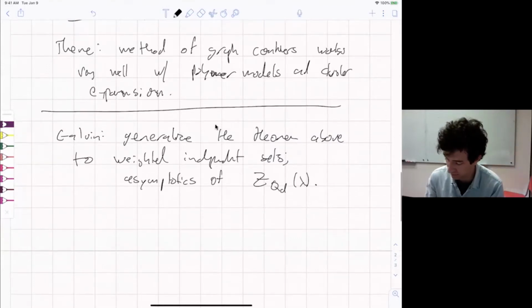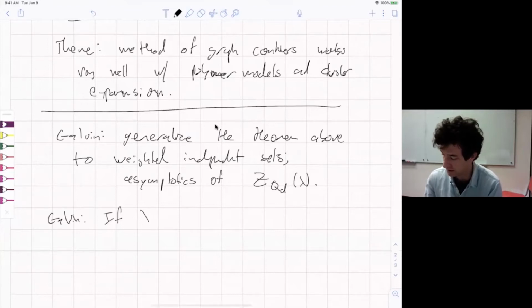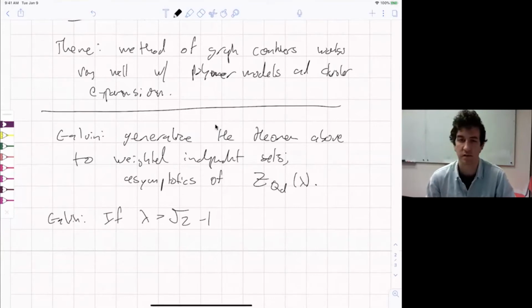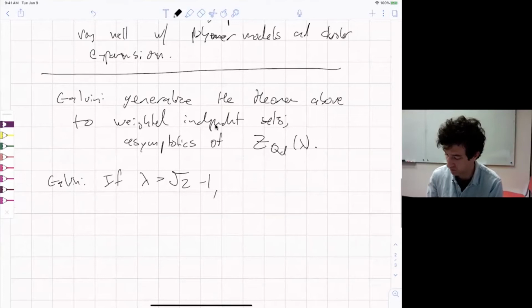So Galvin: if lambda is at least square root 2 minus 1, okay, so whatever this is, 0.4, then he gives an asymptotic formula for the partition function. And again, I'll write it 2 plus little o(1).